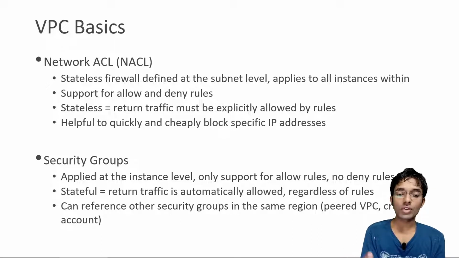Obviously, the network ACL needs to allow it as well, for example if your HTTP server is allowed to go back out to the service that requested something from you. Security groups are very special because they also allow you to reference other security groups in the same region, even with a peered VPC, or even across accounts.